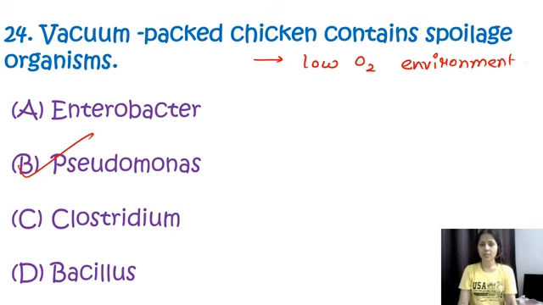They can cause off flavors, odors or visual changes in the meat as they grow and metabolize. Proper handling, storage and refrigeration of vacuum packaged products are essential to minimize the risk of spoilage organisms. So over here my correct option will be option number B, that is Pseudomonas species.